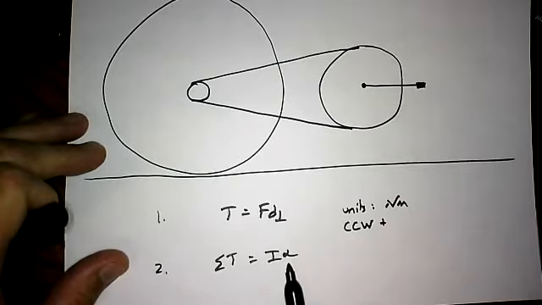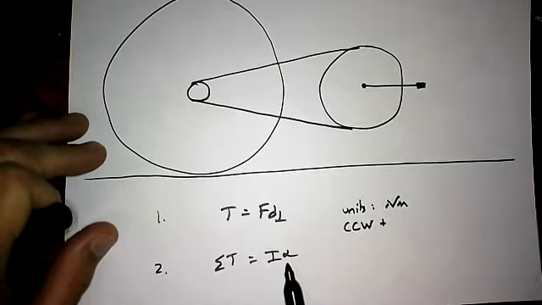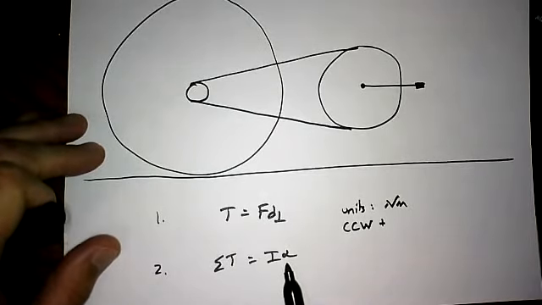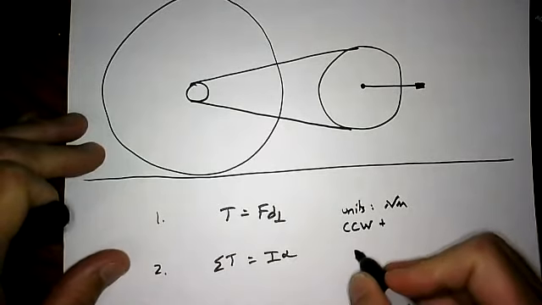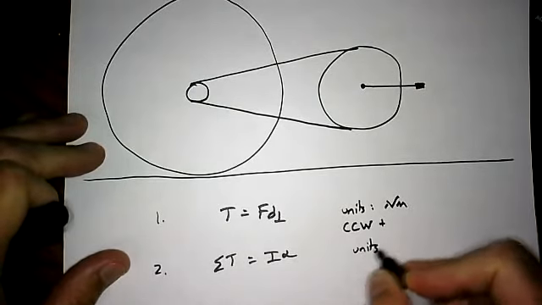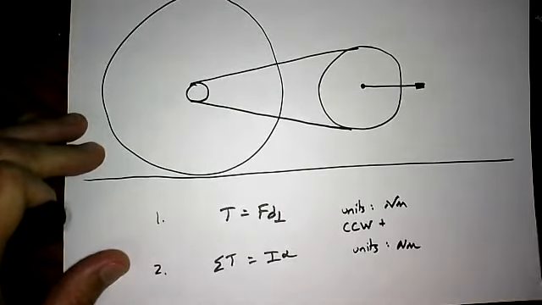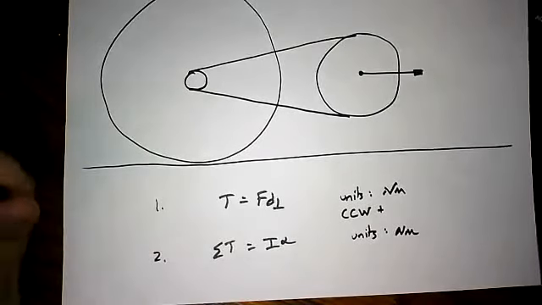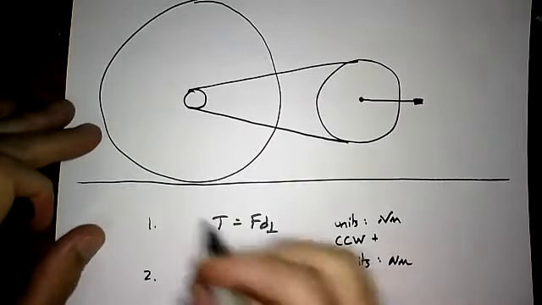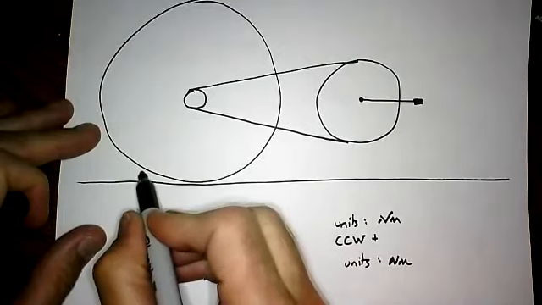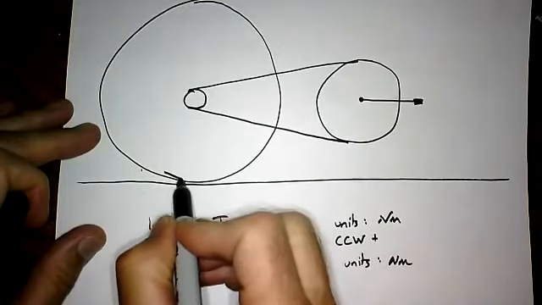And then alpha is angular acceleration, and that has to be in units of radians per second squared, okay? So same units here, Newton meters. Now, to do this problem, to set this up, to really understand this force right here, draw it again.